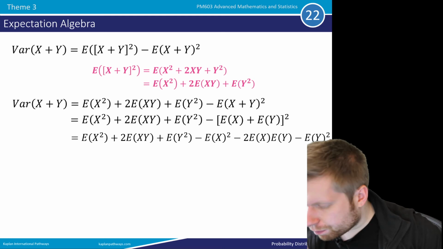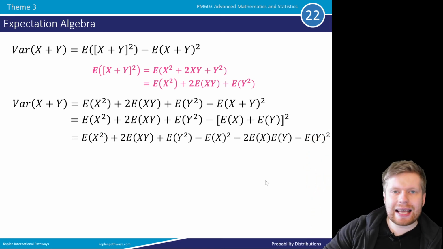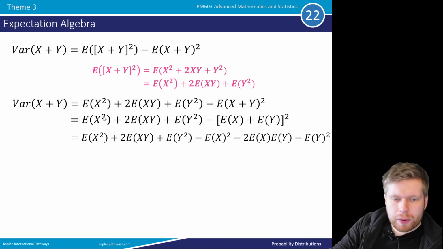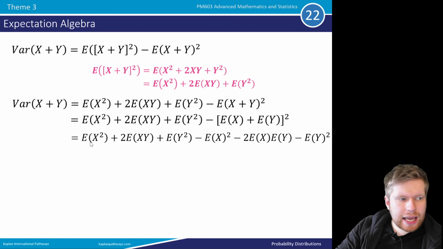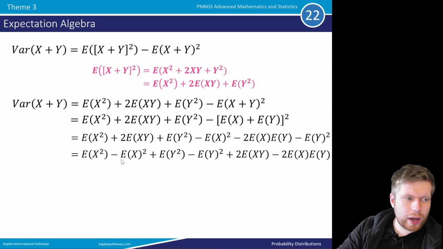Now what I'm going to do is write all of the things with expectation of x's together. So whether it be expectation of x squared or expectation of x all squared, I'm going to group it together. So you see I've got an expectation of x squared there, and I've got an expectation of x all squared there. So I've got the expectation of x squared minus the expectation of x all squared.